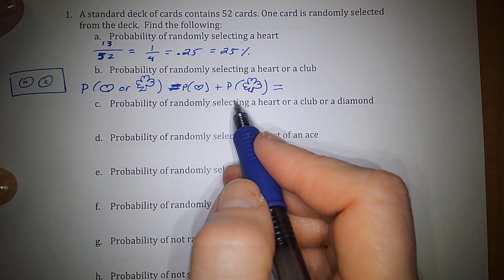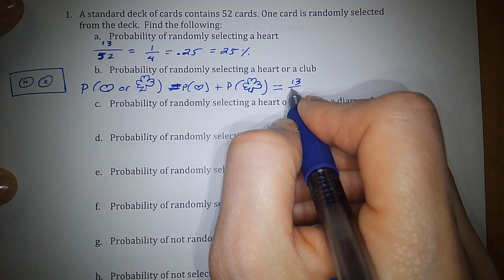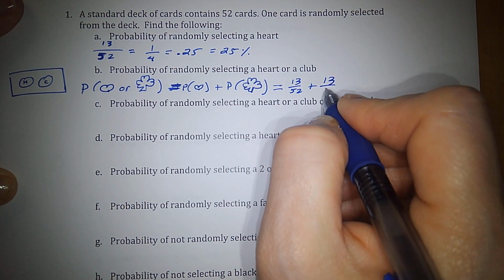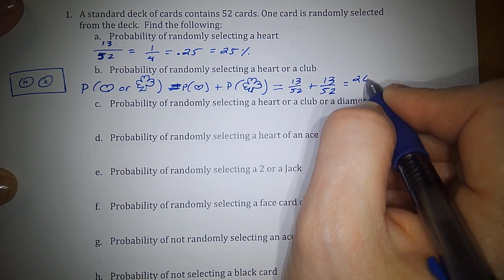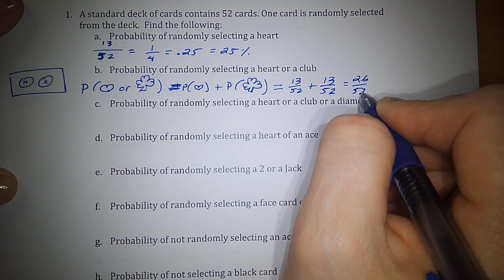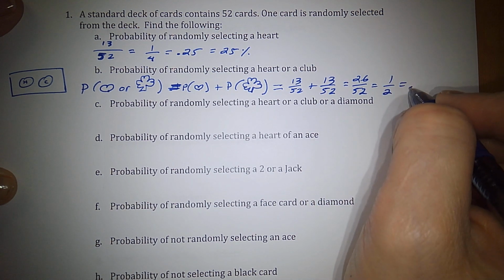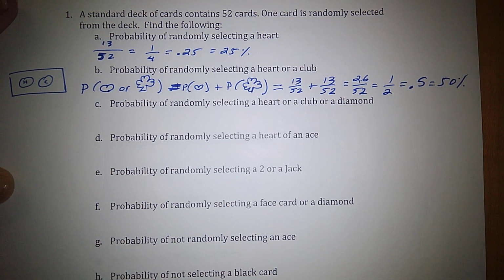So the probability of getting a heart, we just found, 13 out of 52, plus the probability of getting a club, that's another 13 out of 52. And when you simplify this fraction, you're going to get 1/2 of the deck, which we could write as 0.5 or 50%. So all of those would be okay.